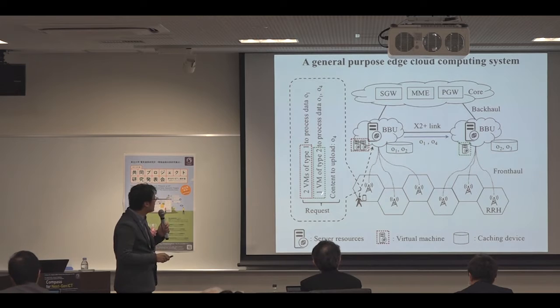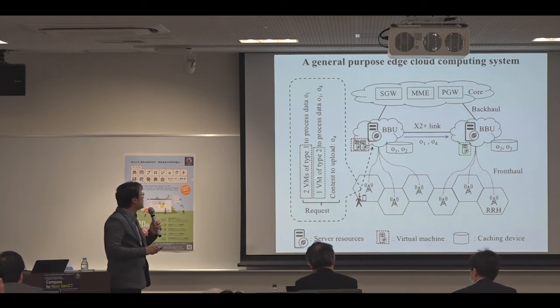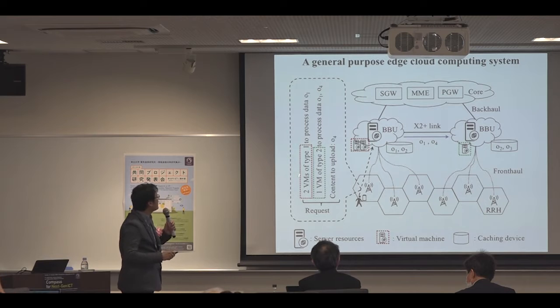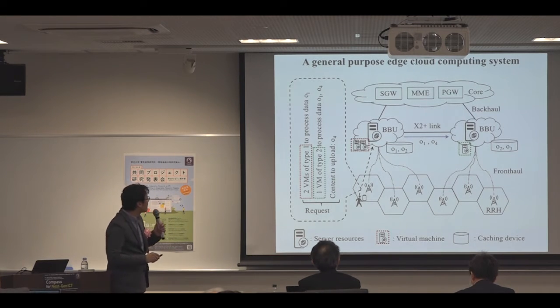In this request, the user requires two virtual machines of the red type, and the user wants to use the red type virtual machine to process data 1.